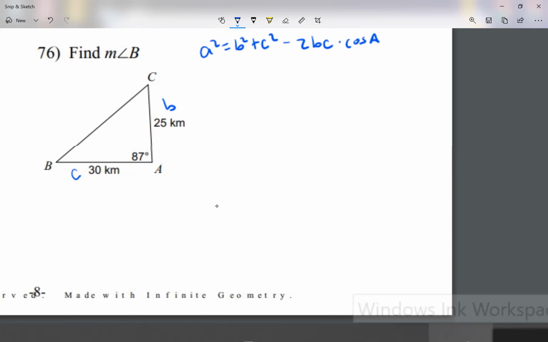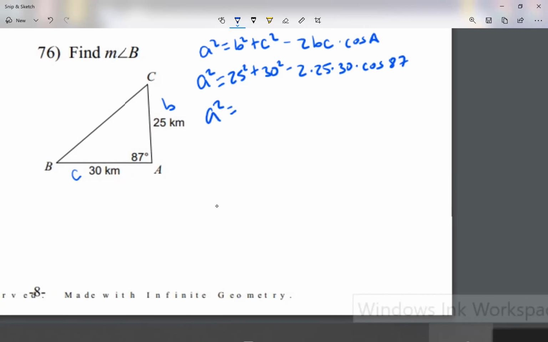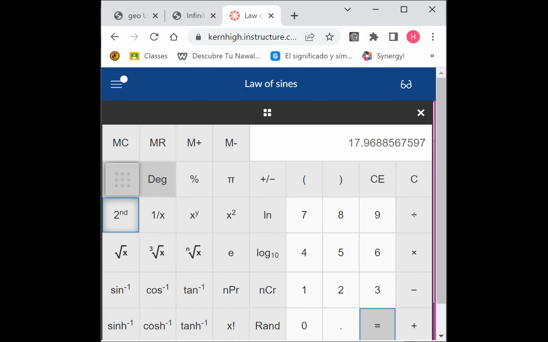So I have that A squared is equal to 25 squared plus 30 squared minus 2 times 25 times 30 times cosine of 87. So it's not too hard to solve for A squared. So I'm just going to type this in. Let me clear this out. I don't need this second anymore.